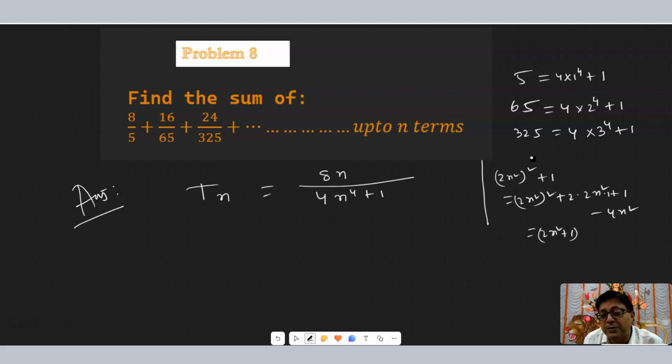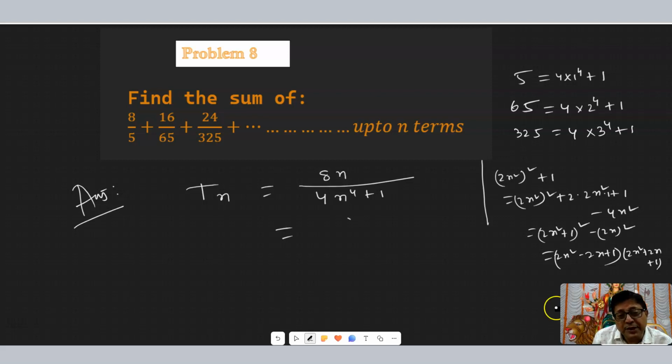So it is 2n square plus 1 whole square minus 2n whole square, going to be 2n square. This multiplied by, okay. So here you write the nth term as 2n plus 1.